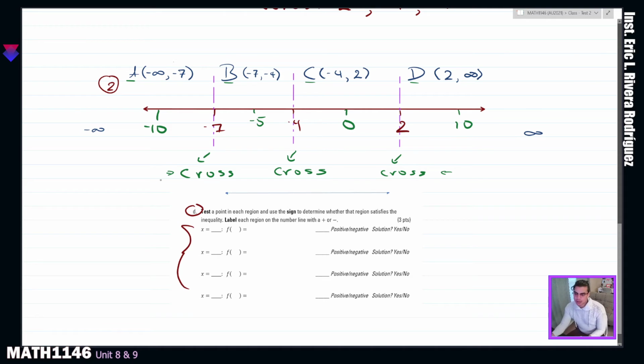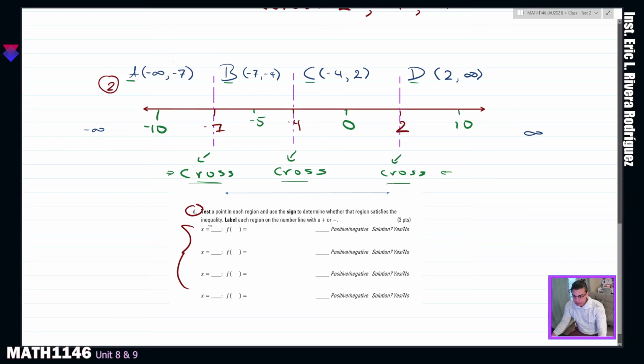So now we have two options to test these regions. We can use the knowledge that we have of the behavior of the graph at those zeros or x-intercepts, or we can test all the regions.